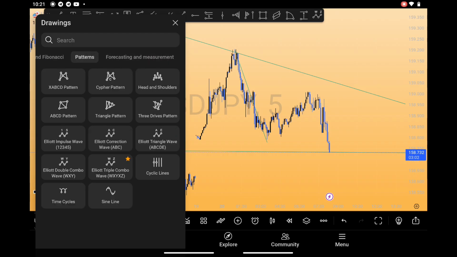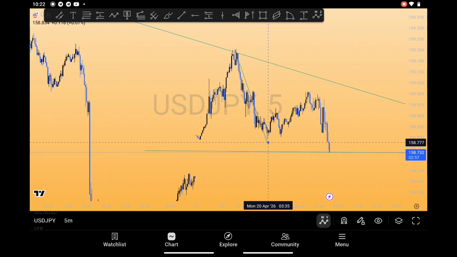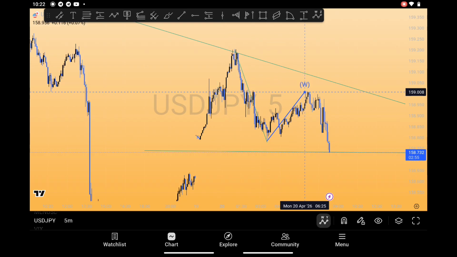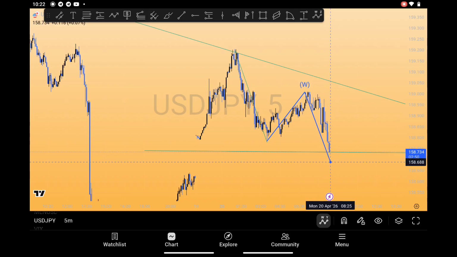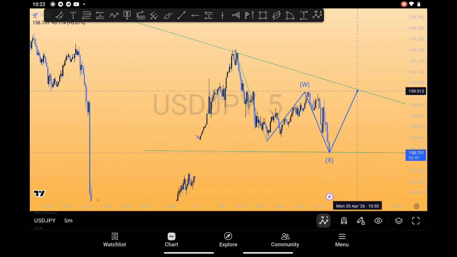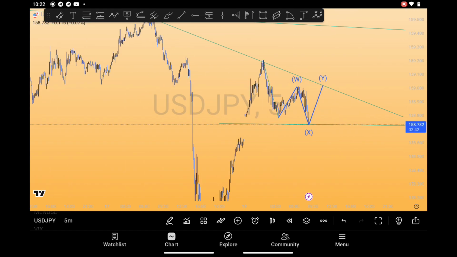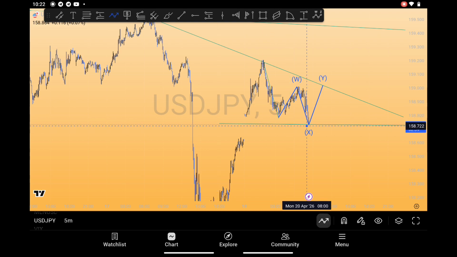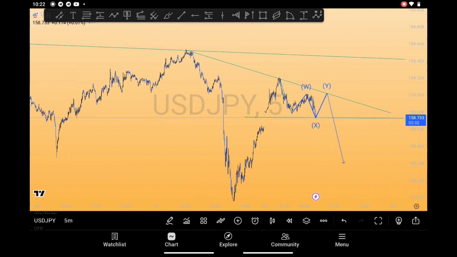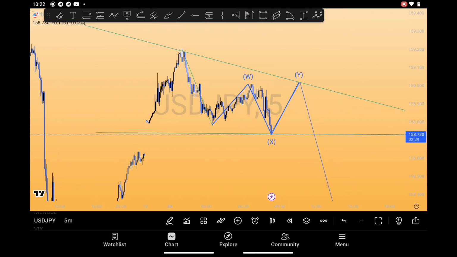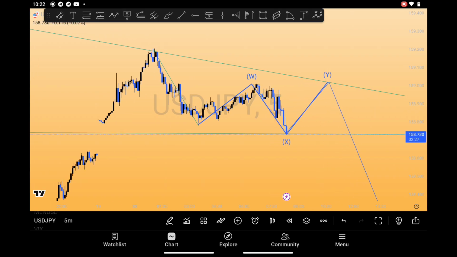Patterns, it should be located in patterns, and it should be the WXY tool that I'll use. So this is a W. This is 1, 2, 3 waves to the downside, up, and 1, 2, 3, which is an X. Now I want a Y right there. So if we happen to see price action coming back to this zone, we are shorting USDJPY.